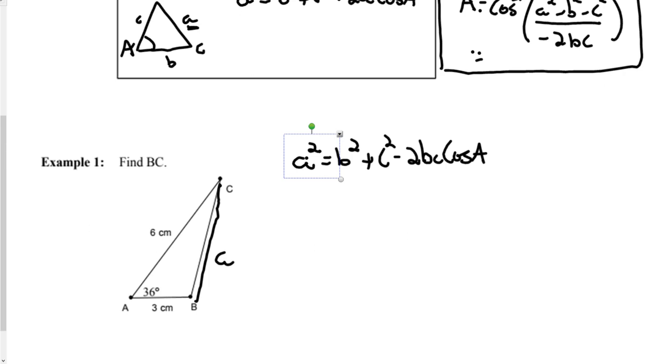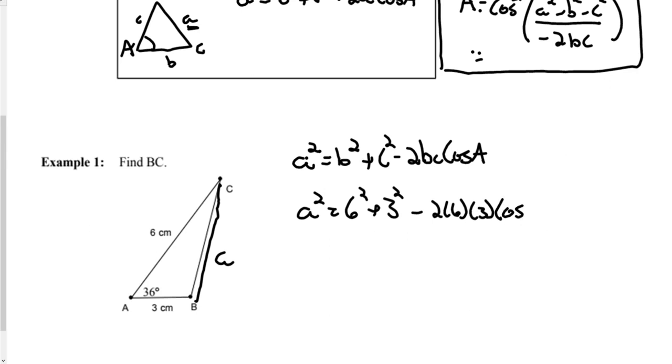So I'll just go ahead and plug in some values for that. a squared equals, we'll just do this consistently just so there's no confusion, side B is 6 squared plus 3 squared minus 2 times 6 times 3 times cosine of 36.